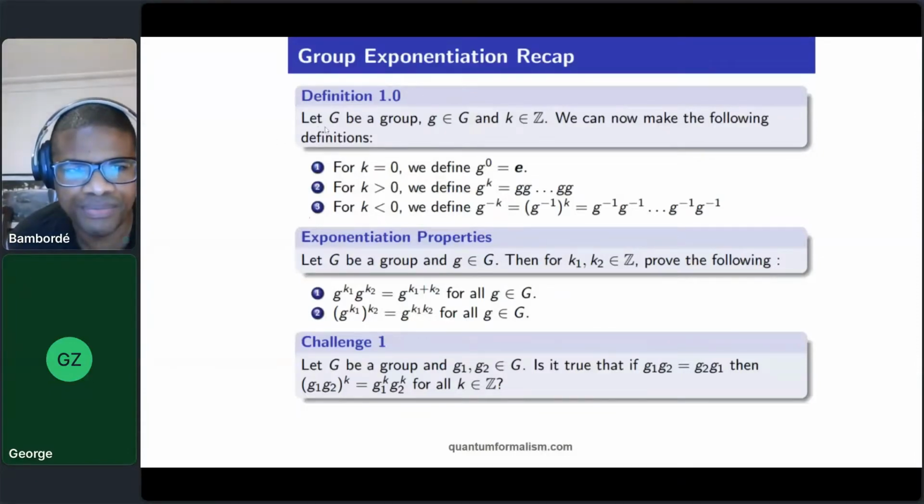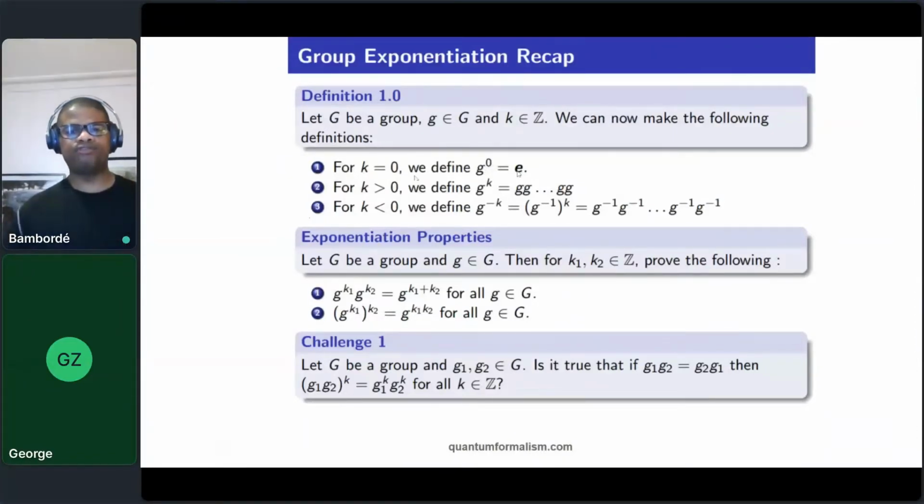Okay, so given a group G, an element g of the group, and an integer k, we make this definition. For k equals 0, the power of g to 0 is equal to the identity of the group.